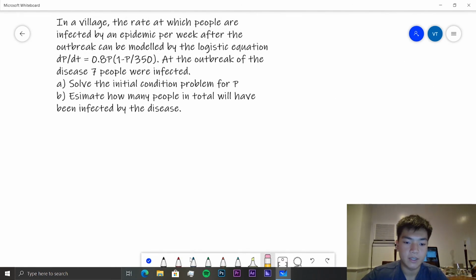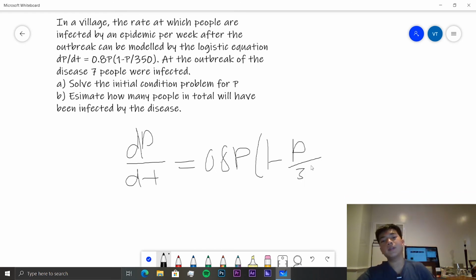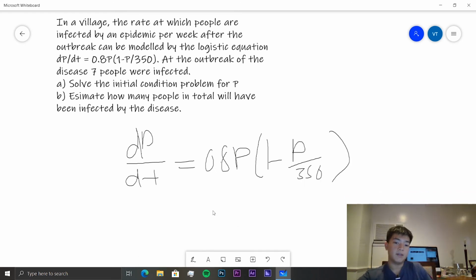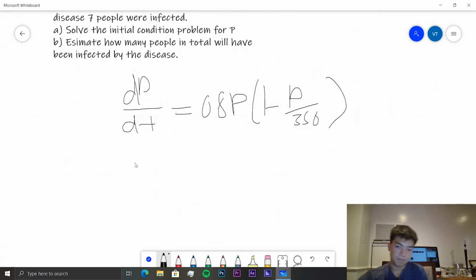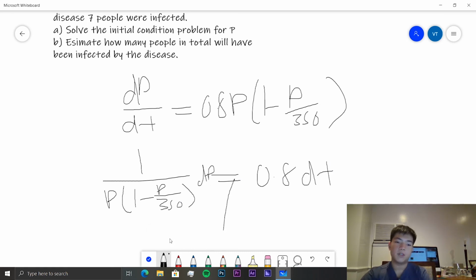Okay, so we have dp over dt is equal to 0.8p times 1 minus p over 350. So yeah, we can solve this pretty easily. This is 1 over p times 1 minus p over 350 is equal to 0.8 dt. So we need to split this into partial fractions.